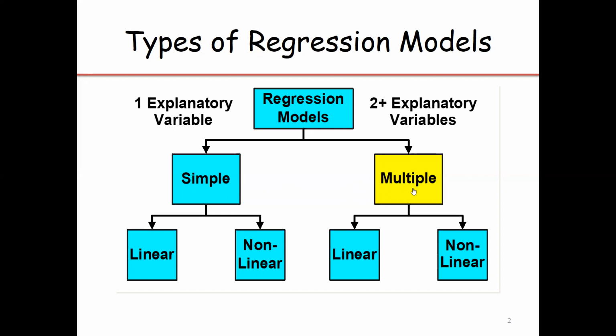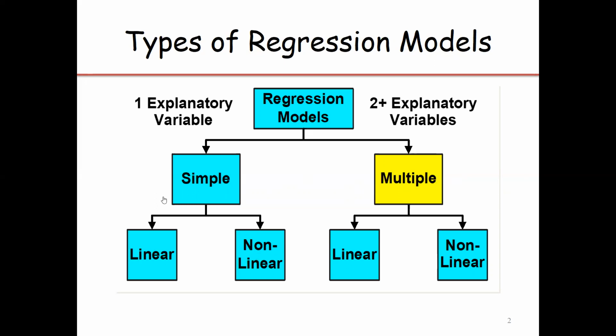If we have more than one predictor or more than one independent variable, we call it multiple regression. Both cases, either simple or multiple, can have a linear form or a non-linear form.